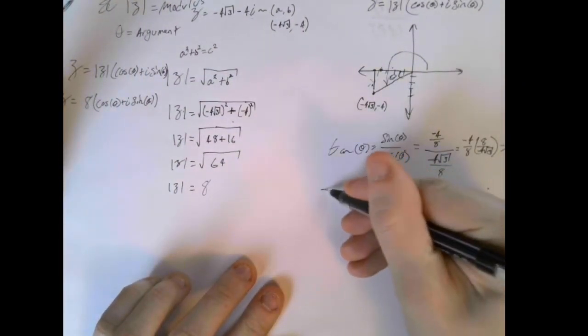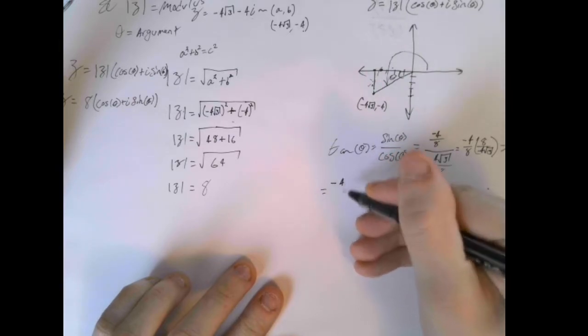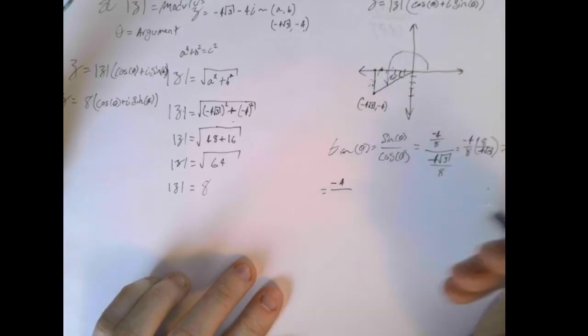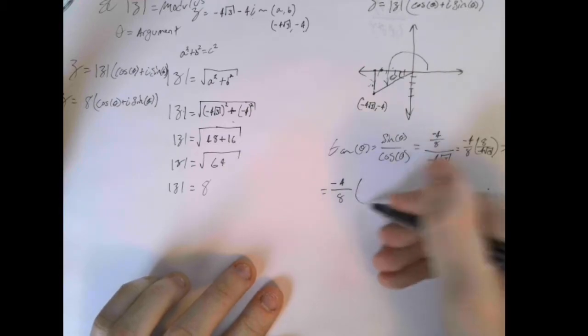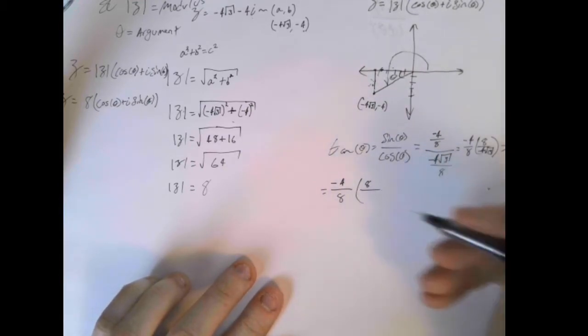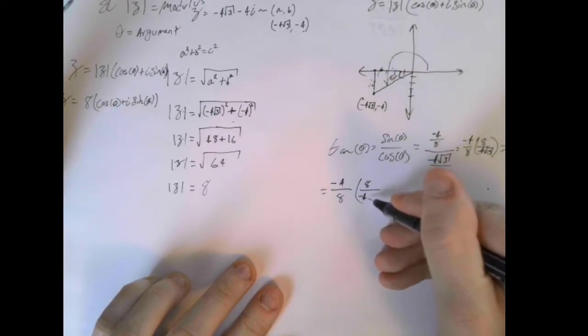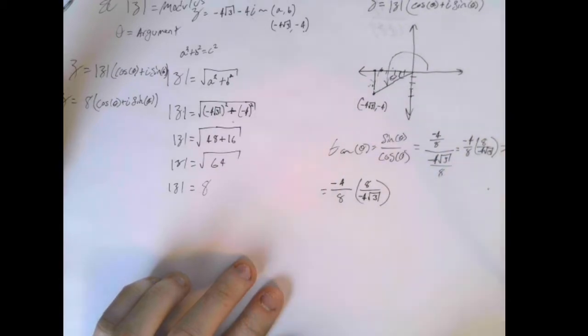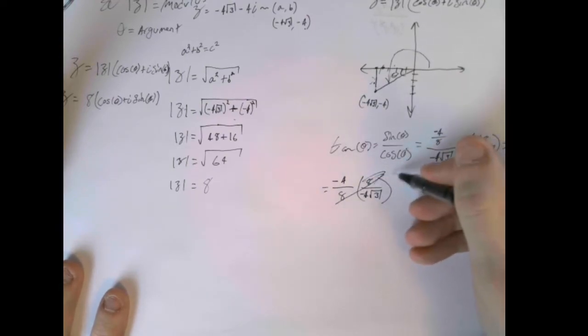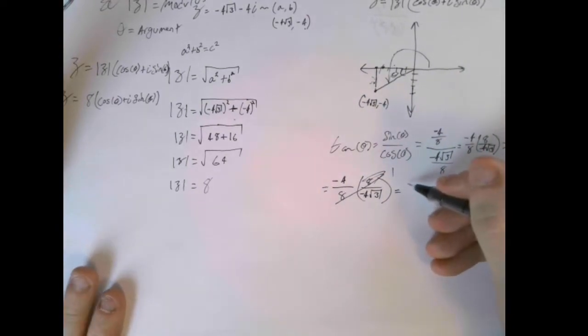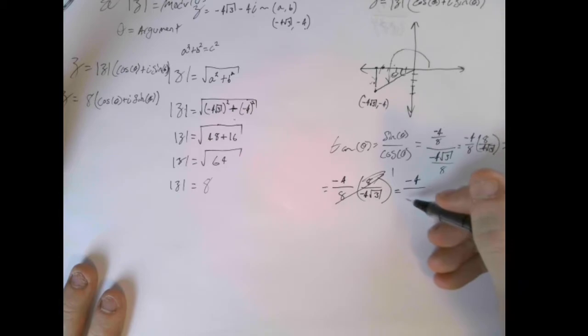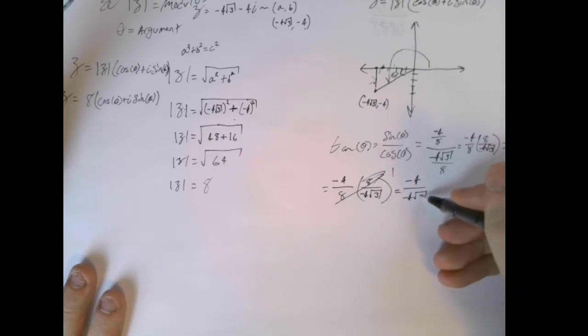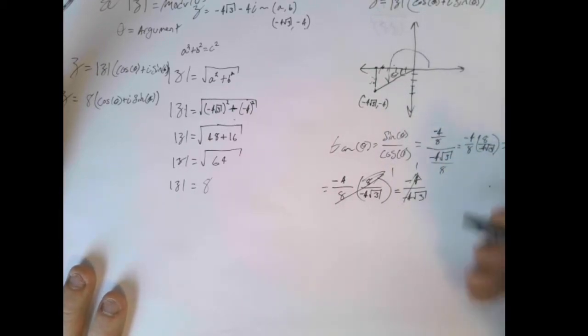So we have -4 over 8 times 8 over -4 square root of 3. Right? So here, these 8s are going to divide out to be 1. So you have -4 over -4 square root of 3. These also divide out to be 1. So you're left with 1 over square root of 3.